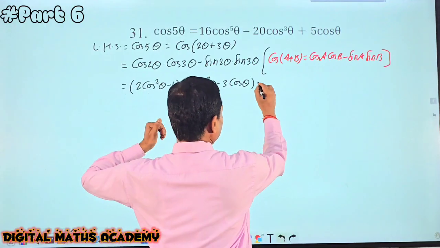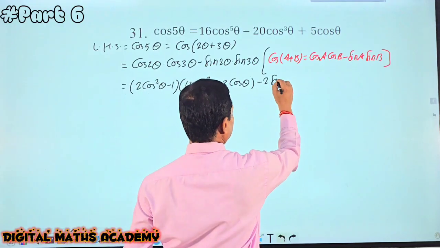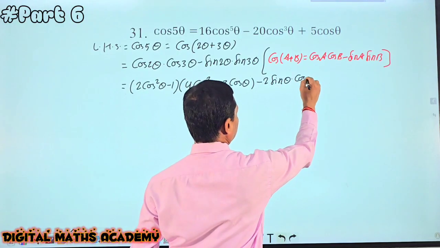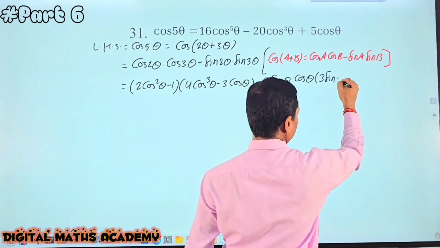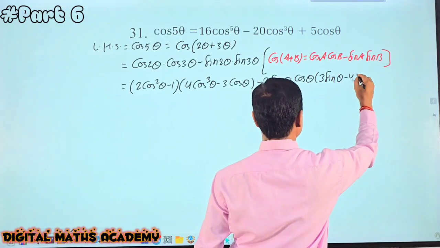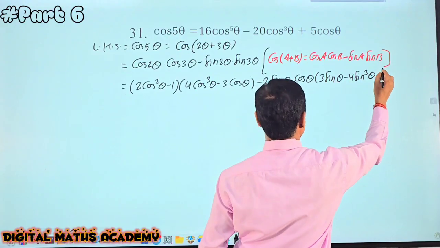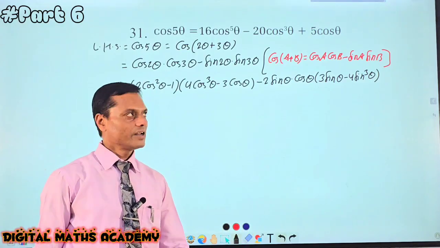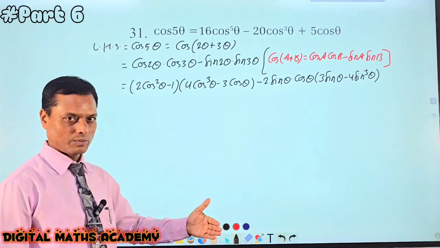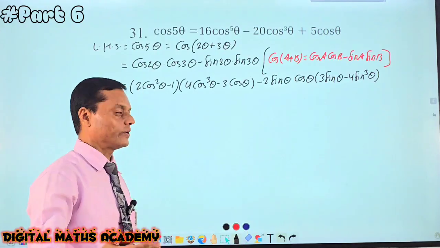And sin 2 theta, as you know, 2 sin theta dot cos theta, and here sin 3 theta means 3 sin theta minus 4 sin cube theta, correct? So actually I have already explained and derived all the formulae in the previous videos. I'm pretty sure you may have watched.